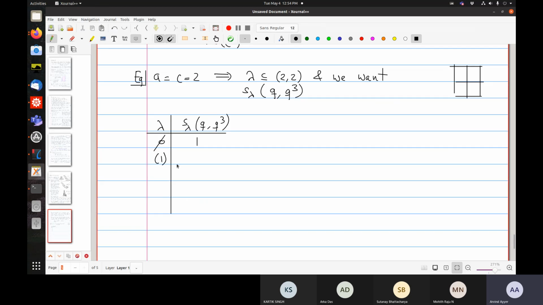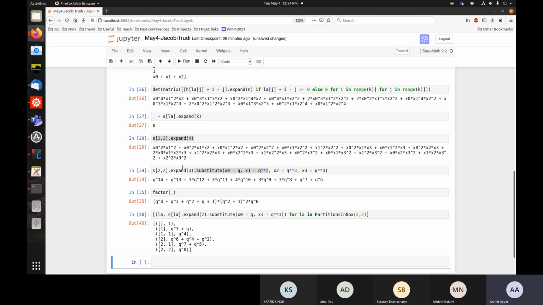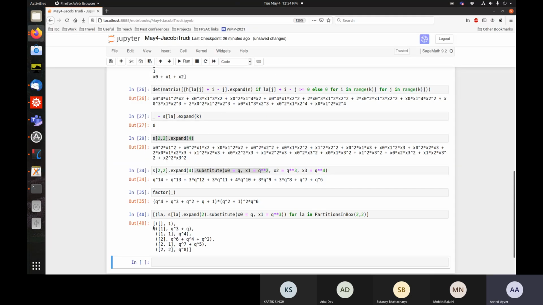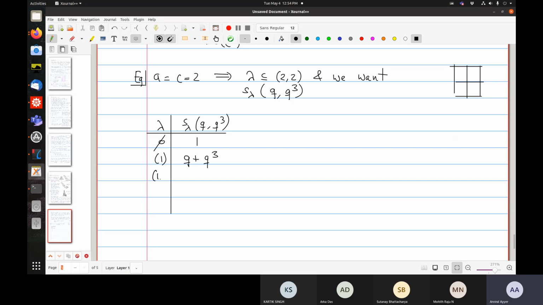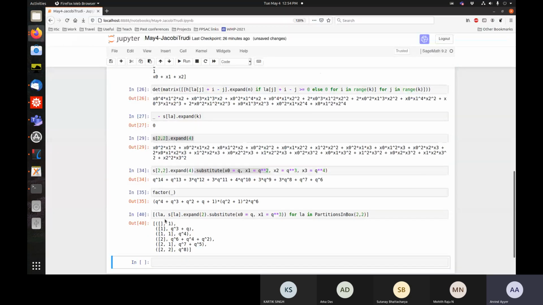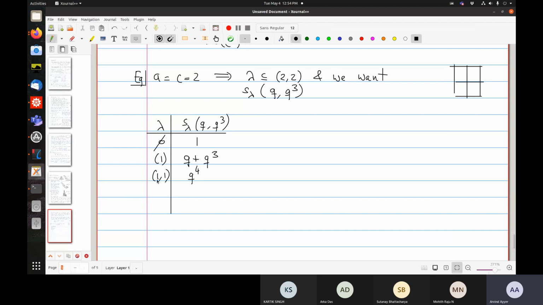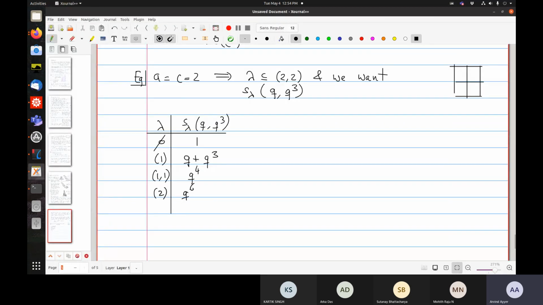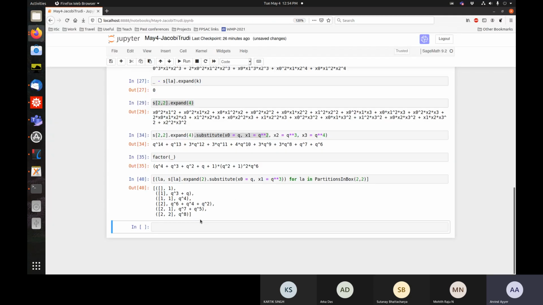For the partition 1, I get Q plus Q cubed. For the partition 1, 1, I get Q to the 4. For the partition 2, I get 3 entries. This is Q to the 6 plus Q to the 4 plus Q squared.